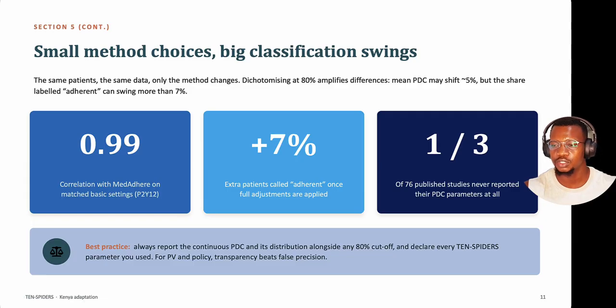We have already talked about that. The best practice when building this tool is to declare every Ten Spiders parameter you used. We looked at the framework and the parameters, and if it doesn't hurt, we can always go back and look at them once more.